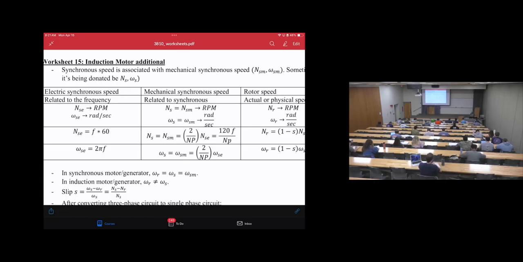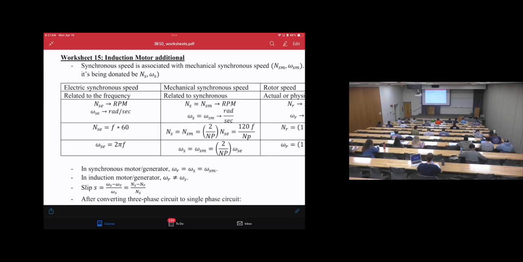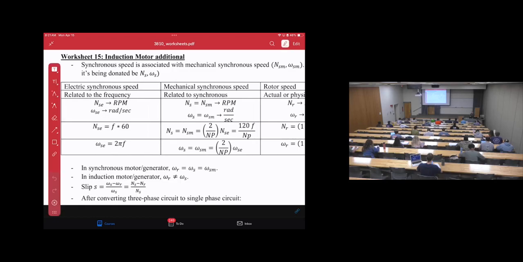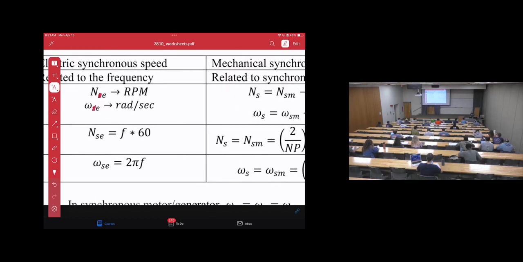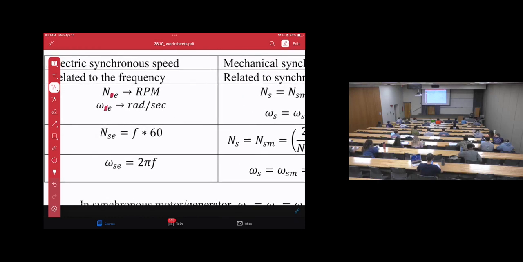Before, when we discussed the three-phase synchronous motor or generator, rotor speed and synchronous speed, we used to say the same. We didn't talk a lot about it because they are the same. Now they are different. That's the point. So we have here electrical speed, NE, which is N in RPM, omega in radian per second.